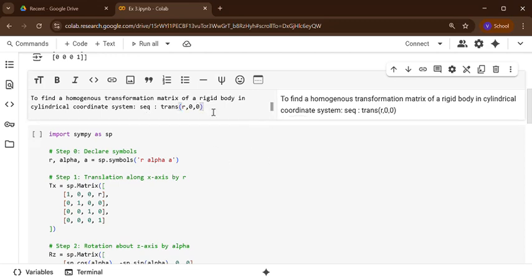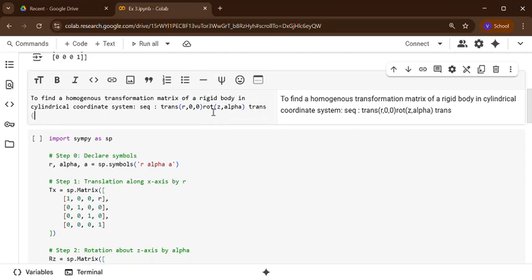Then the next is rotation about the z-axis, say by angle alpha. Next is again translation along the z-axis: x is 0, y is 0, and z is a. When you combine these 3 transformations, you will get the cylindrical robot.